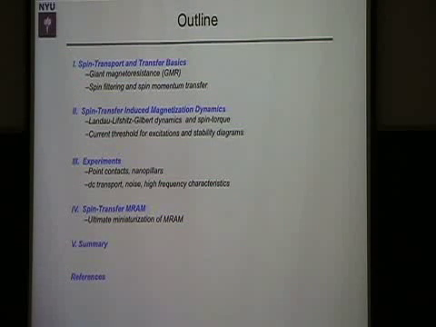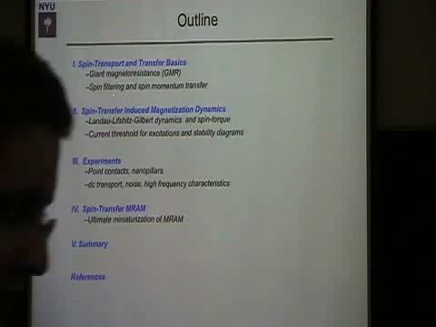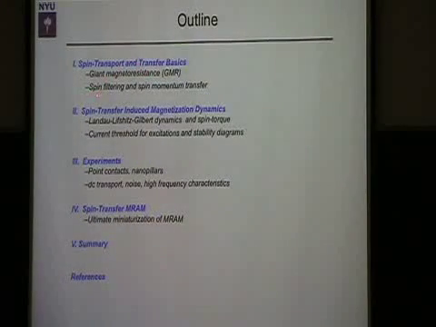And the field started basically with the discovery of giant magnetoresistance. So I'll give you a very basic introduction to giant magnetoresistance. I'll motivate why there should be an interaction between the current and the magnetization, basic conservation of angular momentum. And I'll tell you about spin momentum transfer.